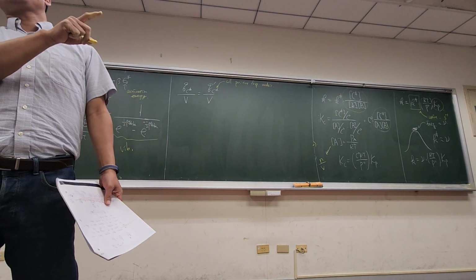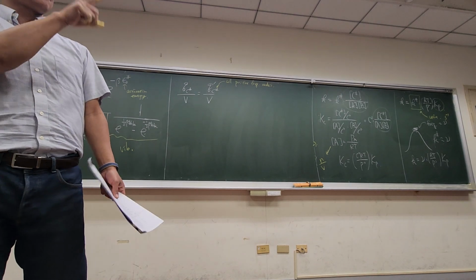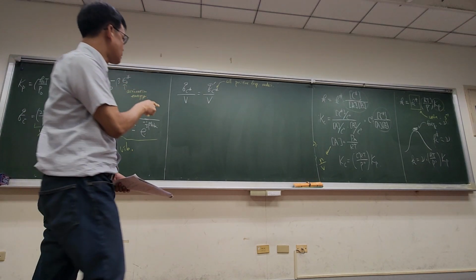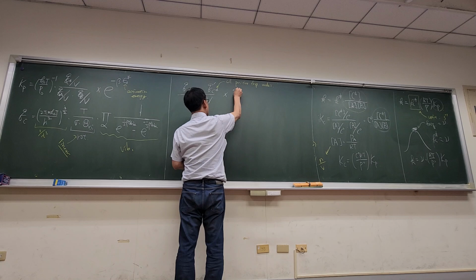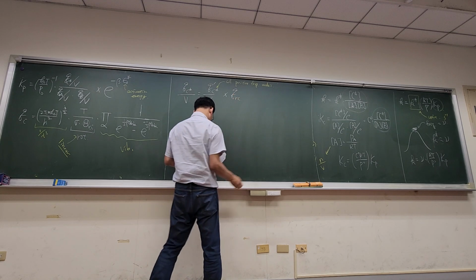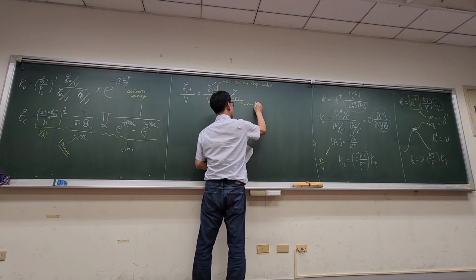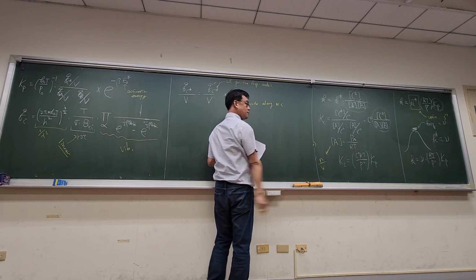However, in the transition state, it's a saddle point. There's an imaginary frequency mode. There's a mode that's special along the reaction coordinate. It's a special mode. So we separate this mode, and I call it QRC. This is the mode along the reaction coordinate.